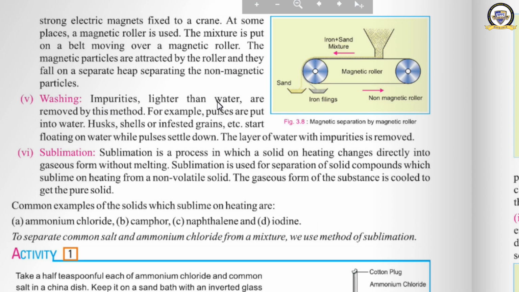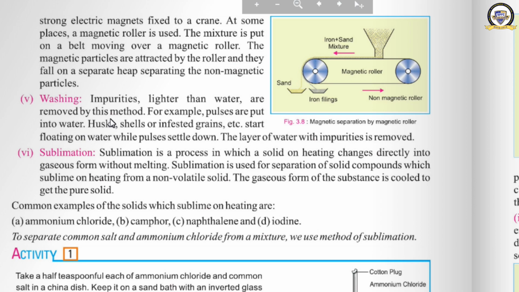Impurities lighter than water are removed by this method. For example, pulses are put into water. Like if we put pulses in a vessel and pour some water on it, the large particles or the unwanted particles come upwards, no?